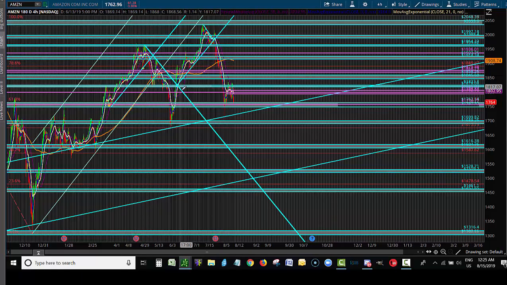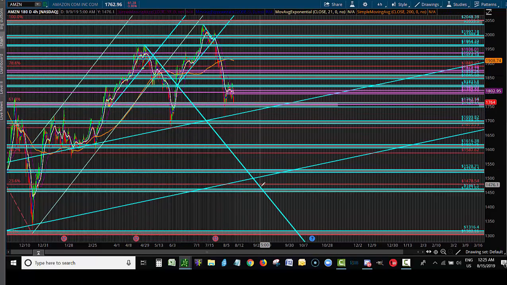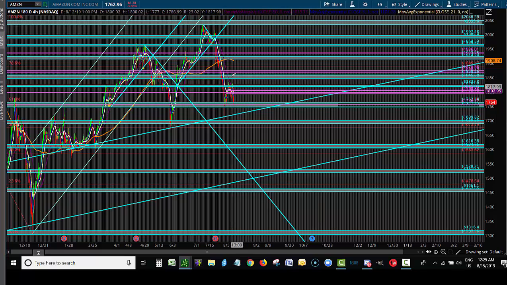And this is a downtrend from the last drop. So we'll see where we go on Amazon. This is just a 4-hour to give us a bigger overall view of it. I want to delve into the 5-minute chart so we can see exactly what happened yesterday.